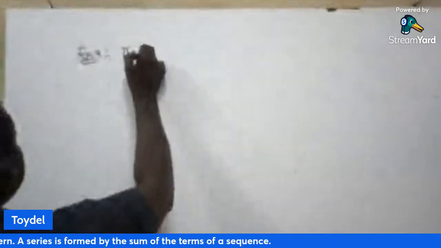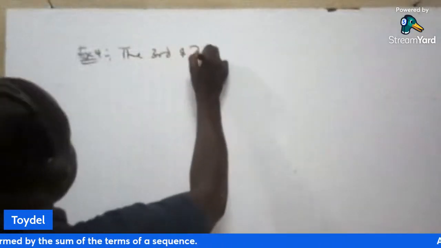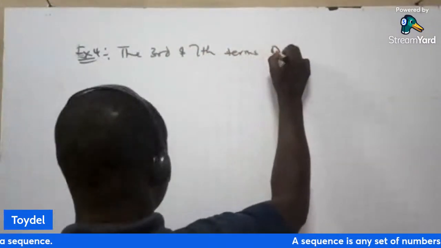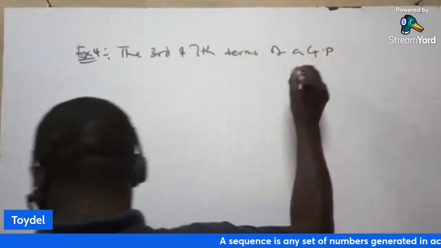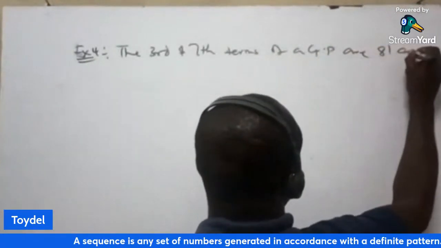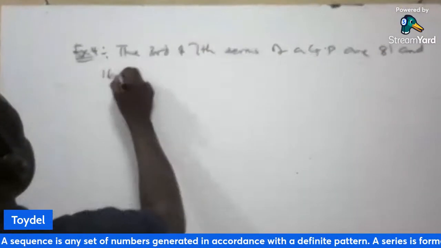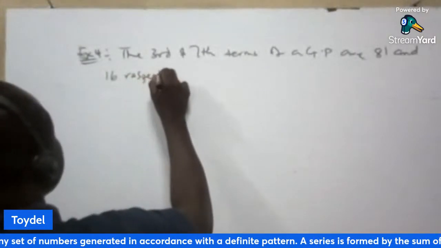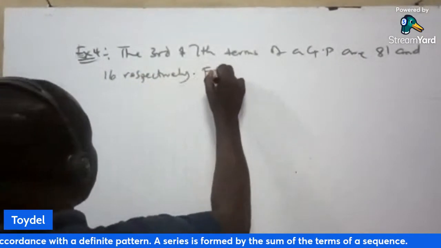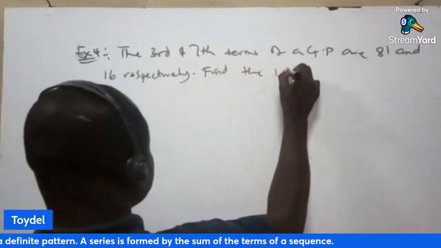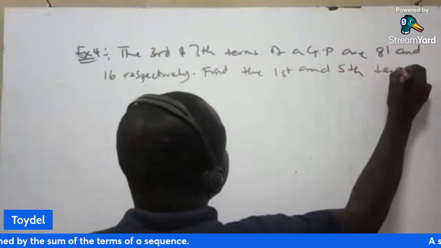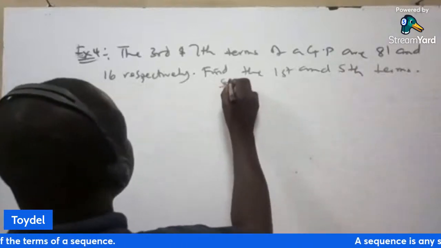We are given that the third and seventh terms of a geometric progression are 81 and 16 respectively. Find the first and fifth terms. Solution.